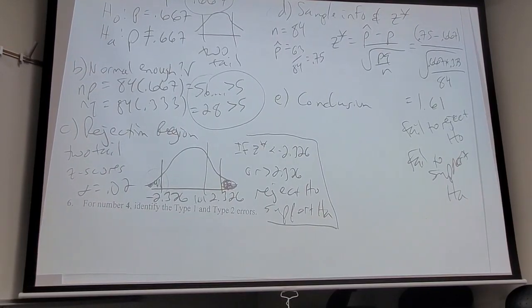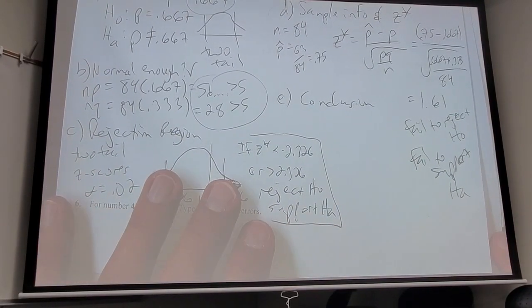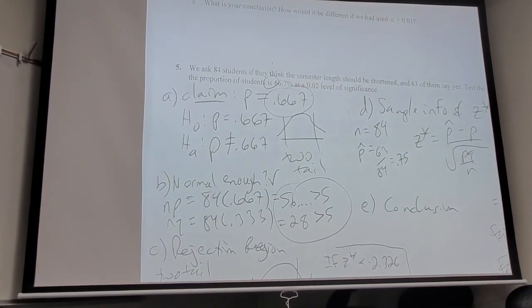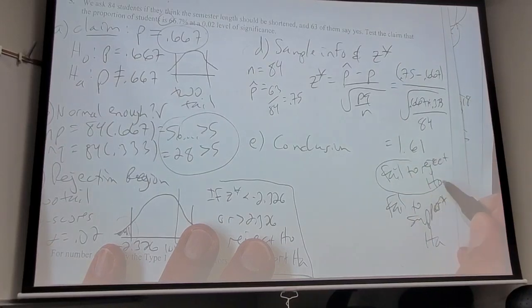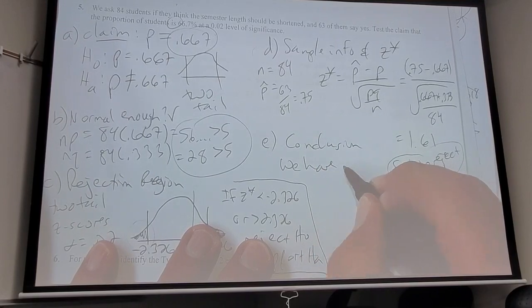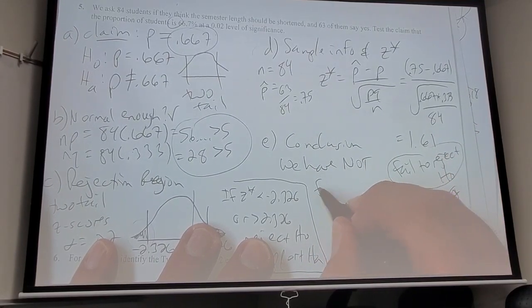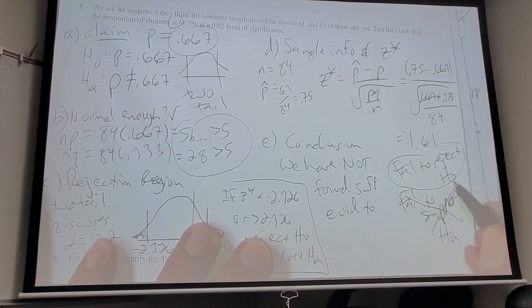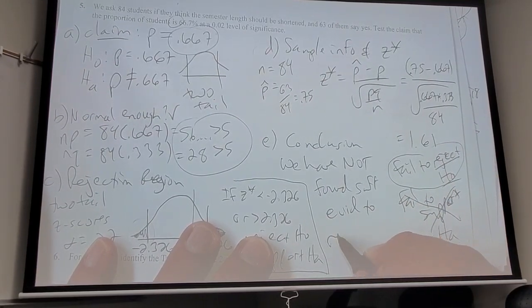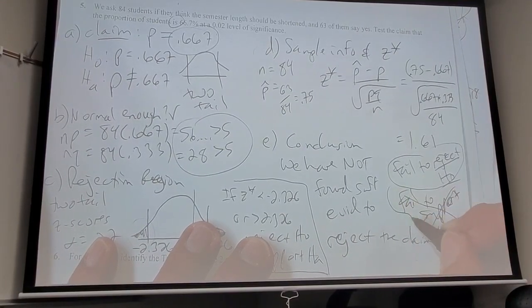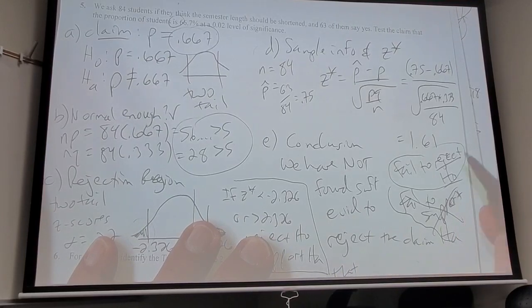By the way, I do have an answer to you. I think this is written better on it. So the conclusion, how do I word the conclusion? Which one was the claim? The hope. I like it. So I'm going to use this language, not that language. So fail, we have not found sufficient evidence to reject the claim that, what was the claim?